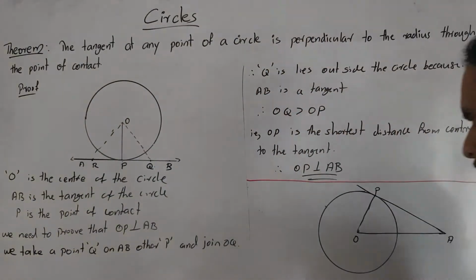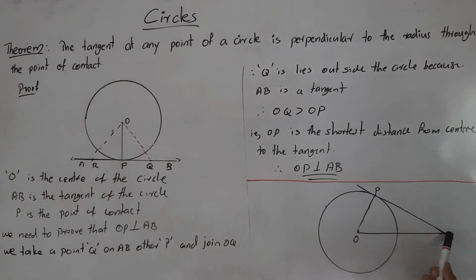On the basis of the theorem we are discussing one more idea. Listen. Here O is the center of the circle and AP is the tangent drawn from the external point A to the point P. And OA is the distance from the center to the external point A. So then the theorem we studied is very clear.